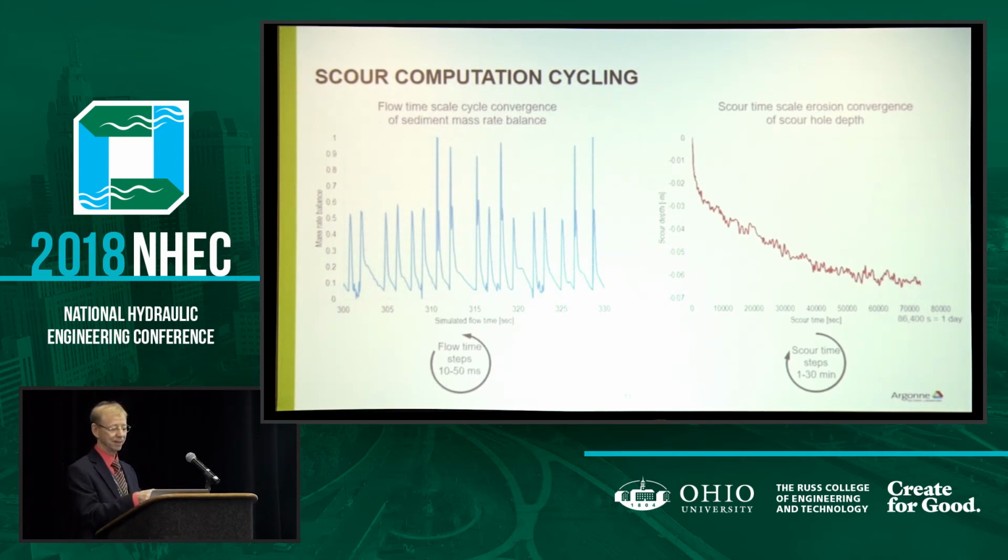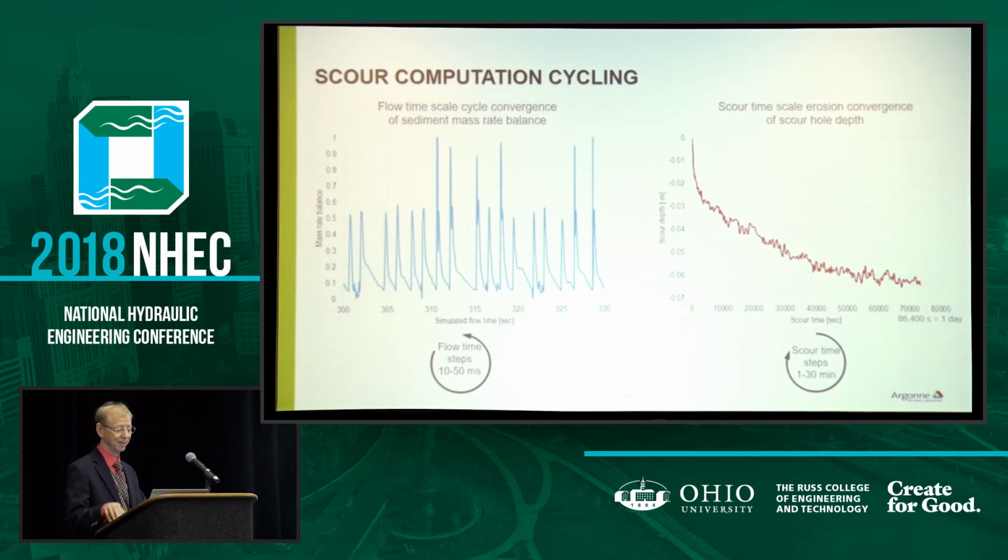On the scour timescale, the red plot shows the minimum elevation of the bed. And you can see when you start out, these are flume tests that we're running, so we just arbitrarily set that at 0, and you can see the elevation dropping as scour holes form.